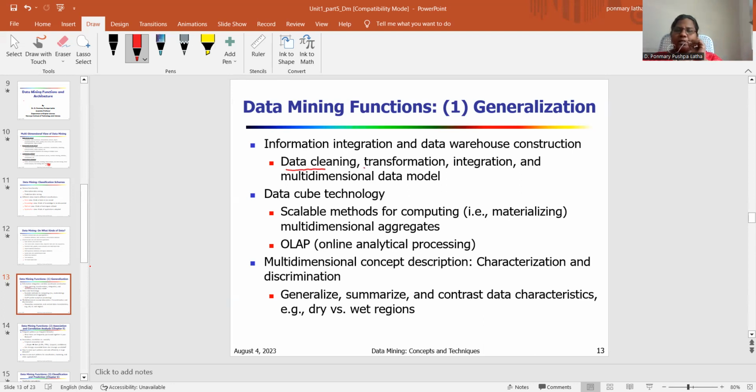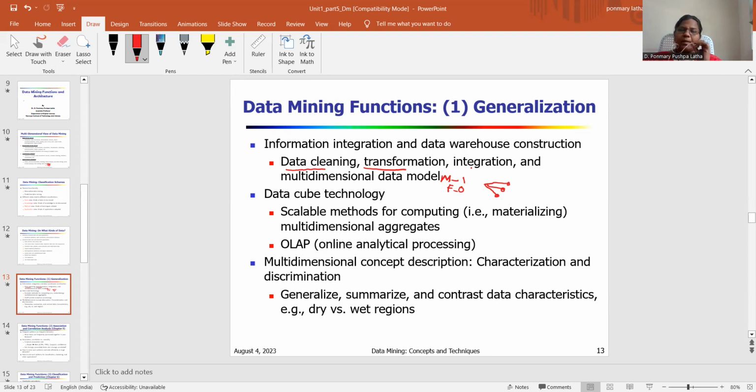Transformation is, for example, sometimes we use male as one and female as zero. Like this, we are pre-processing. Integration is from the different sources of data; we take data from different places and integrate it.